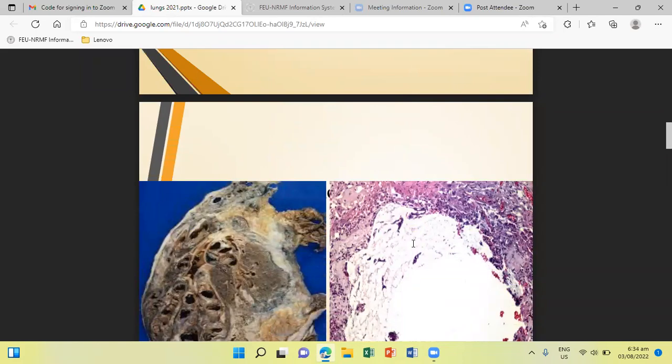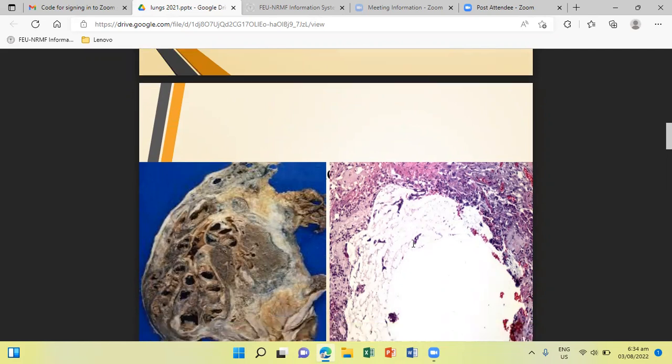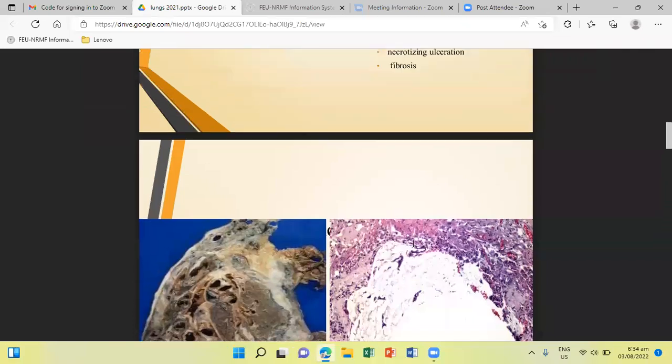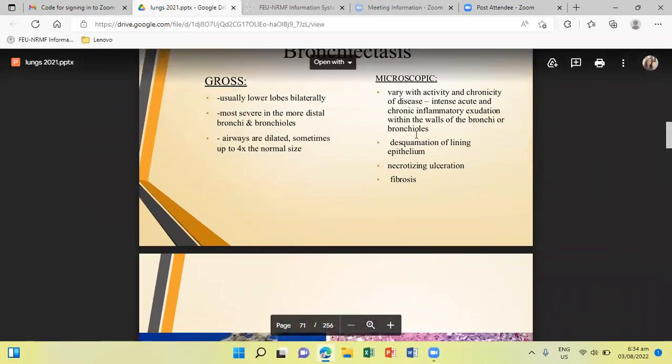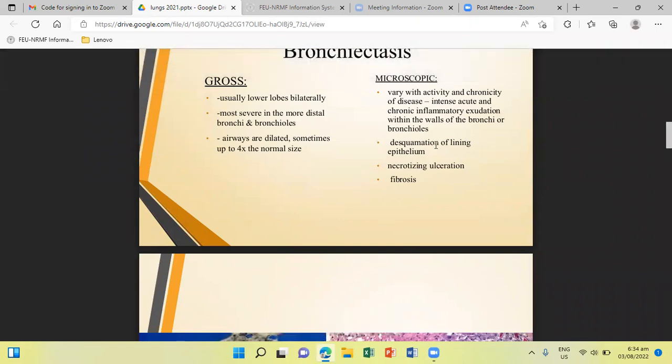For the histologic findings, it may vary with the activity or chronicity of the disease.